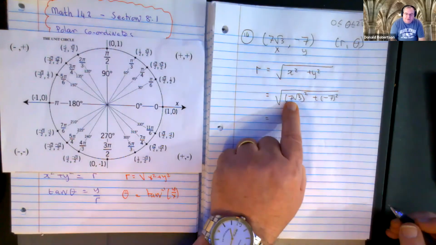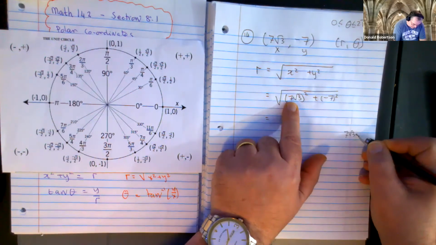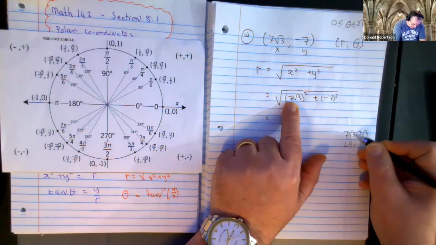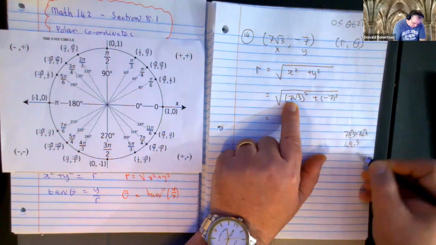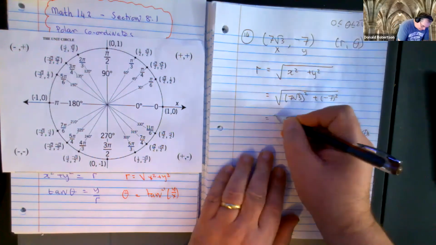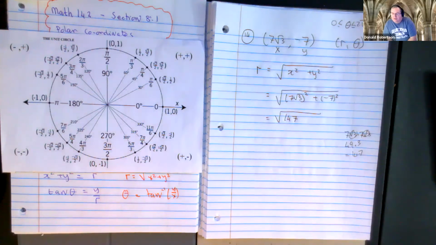If you take 7√3 and you multiply it by itself, which is another 7√3, you get 49 times 3. So you actually get 147. Are you happy about the 147 that I just got there?